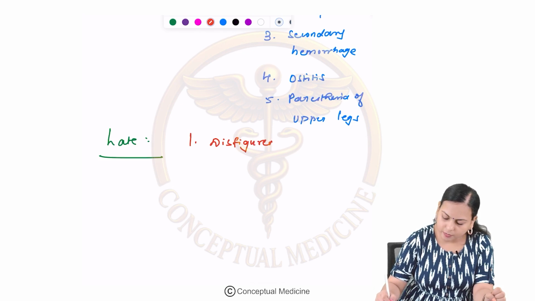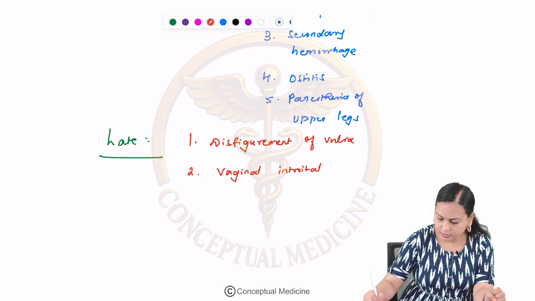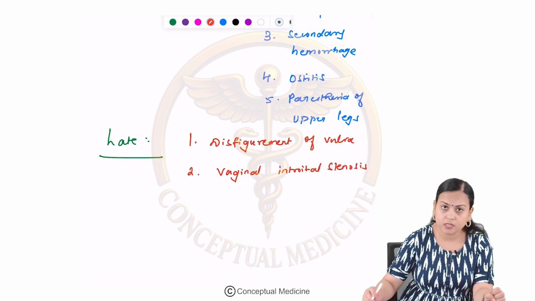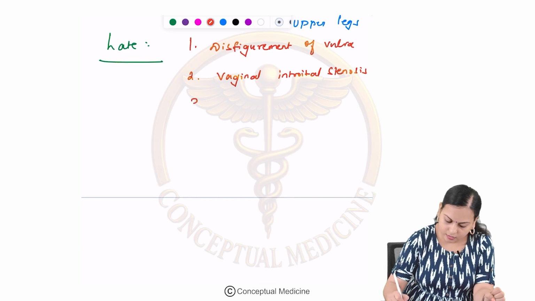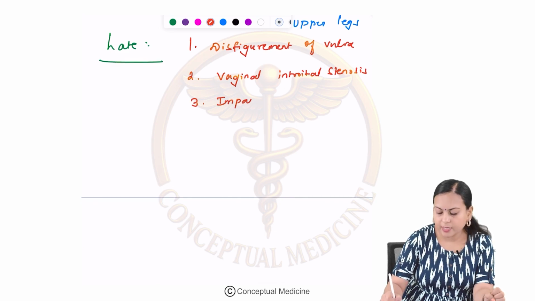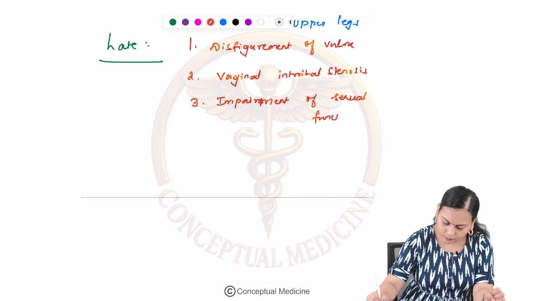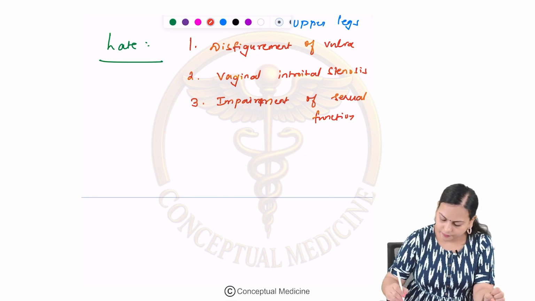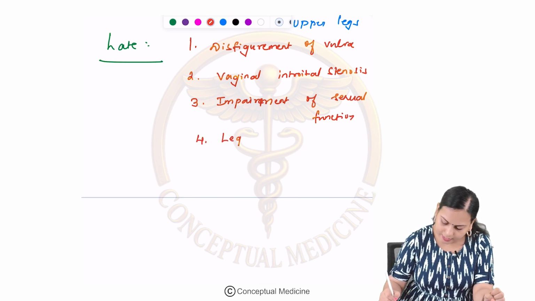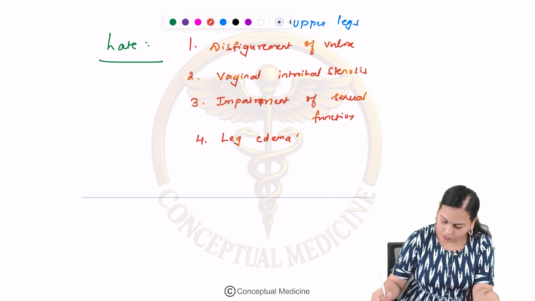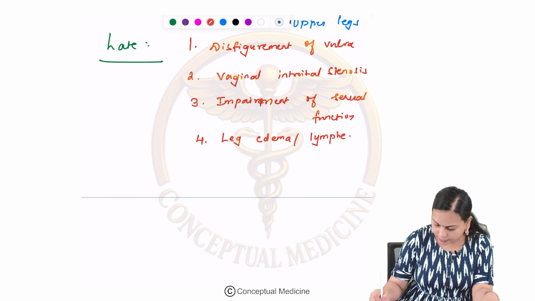Now coming to the late complications, there will be disfigurement of vulva, or there can be vaginal introital stenosis. Then definitely there will be impairment of sexual function. There will be leg edema or lymphedema.